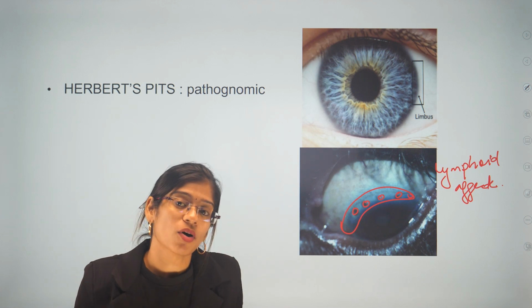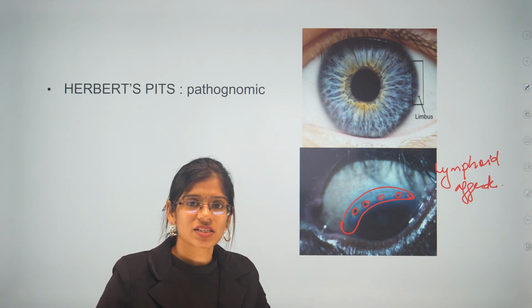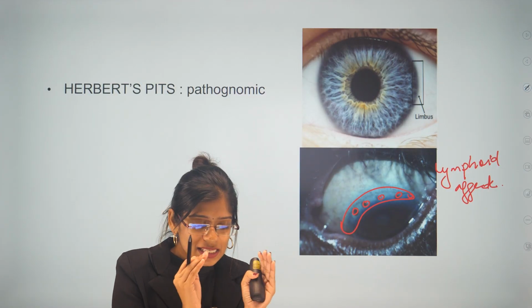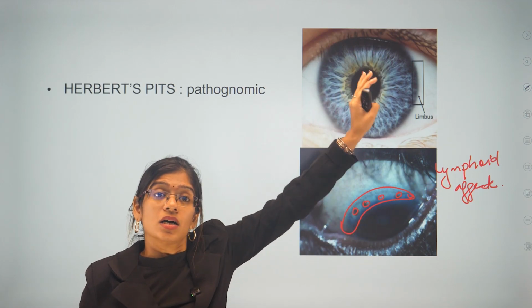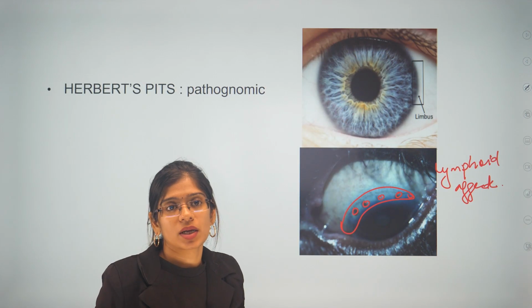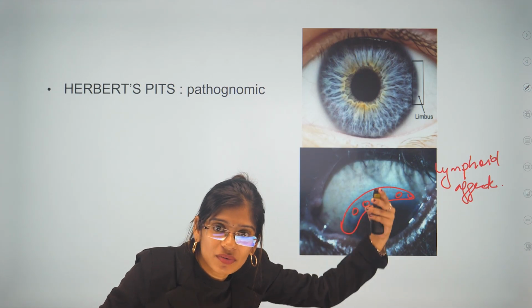Those are what we call Herbert's follicles, during the active stage of infection. Lymphoid aggregates will try to wipe away the infection, and you can see these lymphoid aggregates as follicles in the upper limbus. That is what I call Herbert's follicles. So as trachoma progresses, and once trachoma heals, these lymphocytes will fade away.